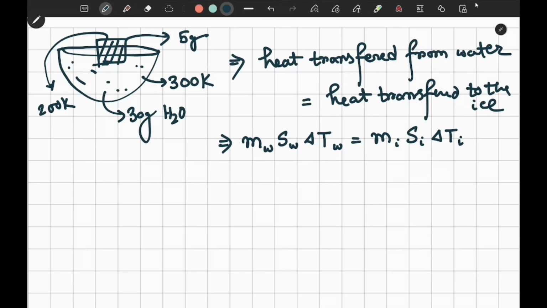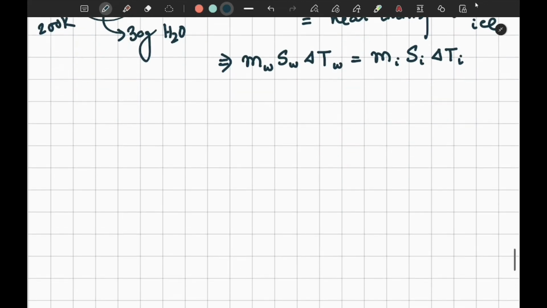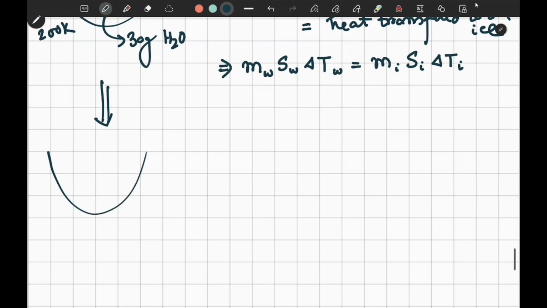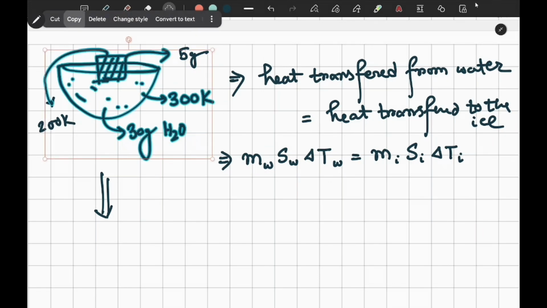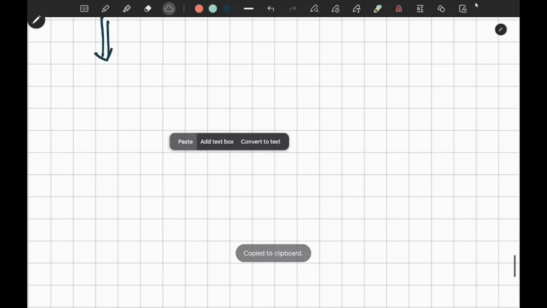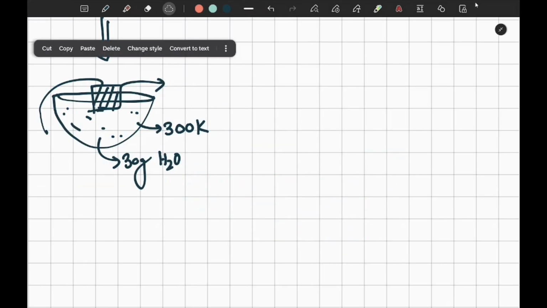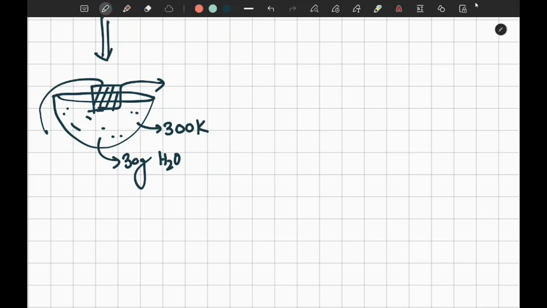And it will be converted to an equilibrium state where the temperature should be the same. Let's say it's T. That is the question. We have to find out the equilibrium temperature.